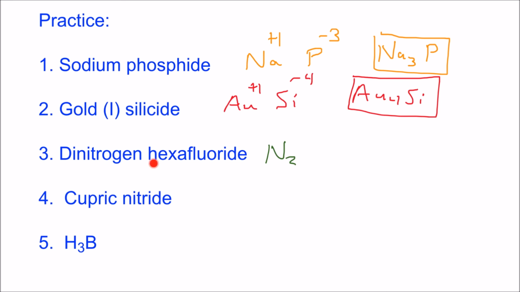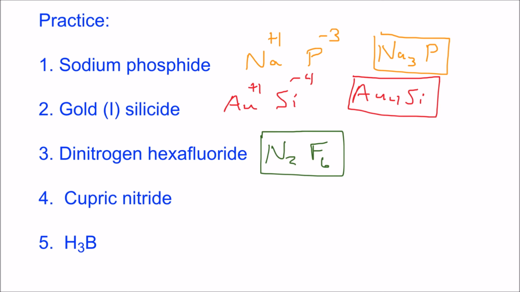Then we have hexa, which is a prefix that corresponds to the number 6, and fluor is the stem for fluorine. So we'll write fluorine's atomic symbol and 6 so that we have 6 of them. There is no crisscrossing and reducing in this one because it starts with a non-metal, and in the non-metals we just use prefixes.